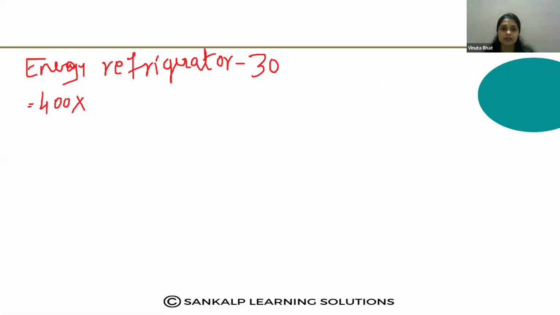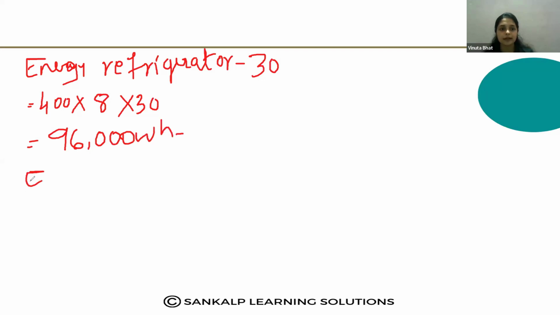That is used 8 hours per day, into how many days? 30 days. So just multiply it. 400 into 8, that will become 3200 into 30. So you can multiply it easily. So I will write the direct answer. This multiplication answer will be 96,000 watt hour. Okay, so this is the first one.